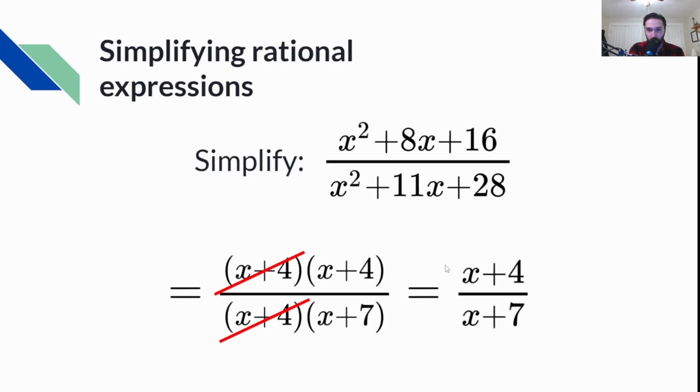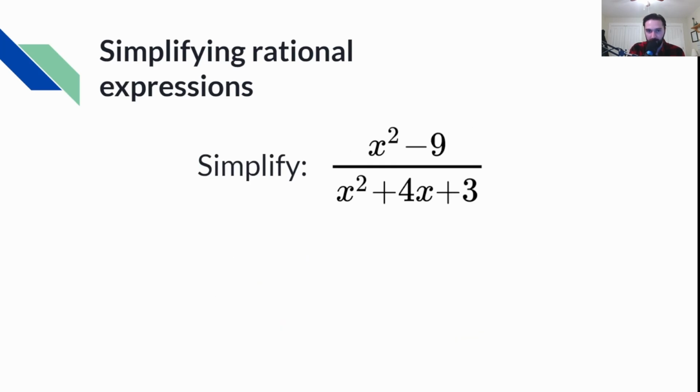There's an invisible 1 here being multiplied by this thing. When things cancel additively, what's left behind is actually 0, but when they cancel multiplicatively, like this, what's left behind is 1. So we'll report our final answer as x plus 4 over x plus 7, and we don't need the parentheses anymore.